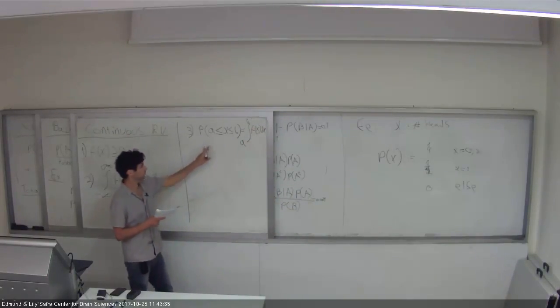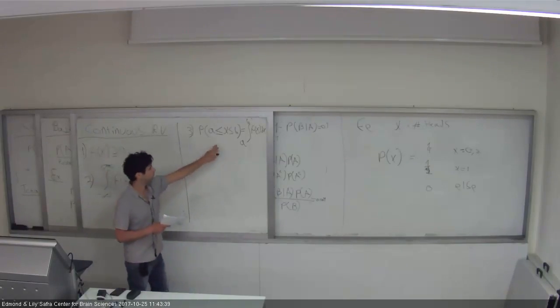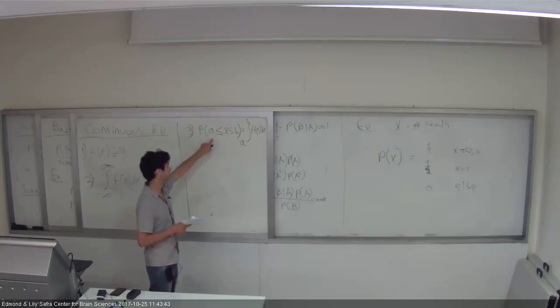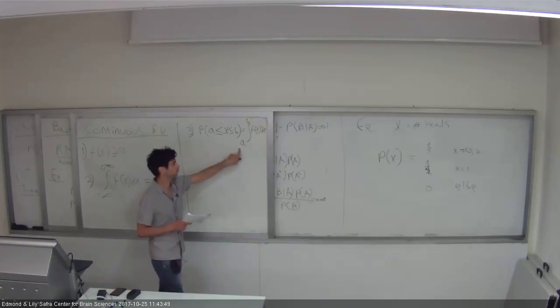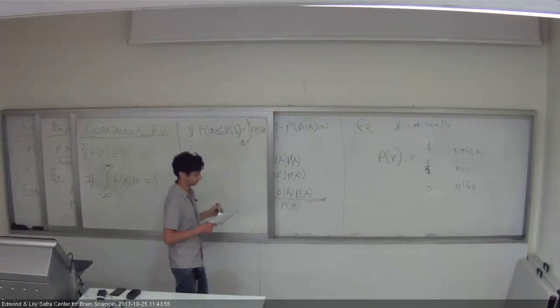It means that the probability that the random variable X gets a value between a and b is equal to the integral from a to b of the function.